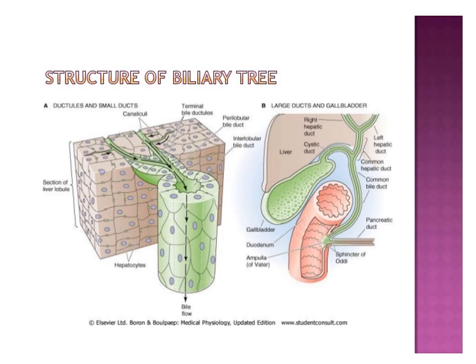The intrahepatic part of the biliary tree consists of the canaliculi, the space between the hepatocytes, then the canals of Hering, bile ductules, then interlobular ducts, and the right and left hepatic ducts, and then the common hepatic duct. This common hepatic duct combines with the cystic duct to form the common bile duct, and this common bile duct along with the pancreatic duct opens into the second part of the duodenum.